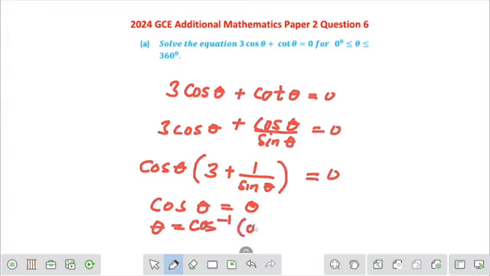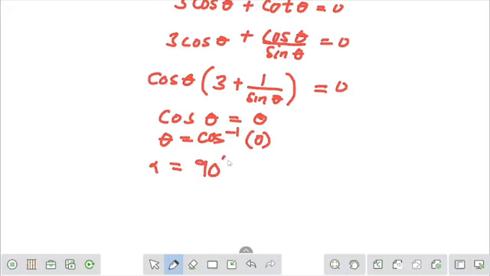The cos inverse of 0 is 90. So alpha is equal to 90 degrees, meaning that theta here is positive. In the first quadrant, all angles are positive, so the first value for theta is 90 degrees.